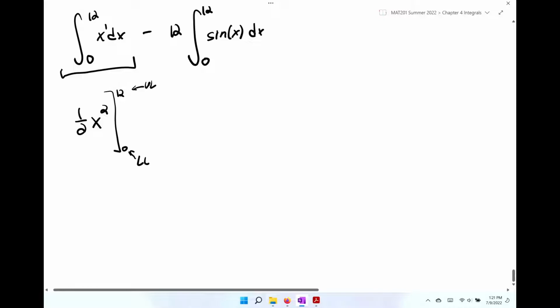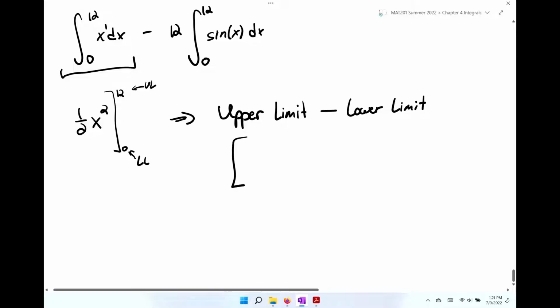And what we do here is when we're evaluating definite integrals, it is always going to be the upper bound, or the upper limit, subtracted our lower limit. So what I'm going to do here is put it in brackets.